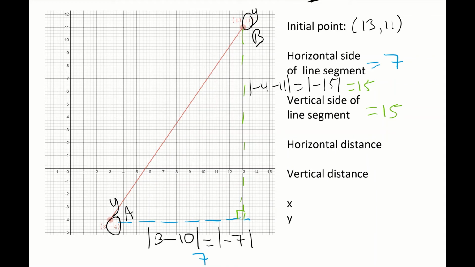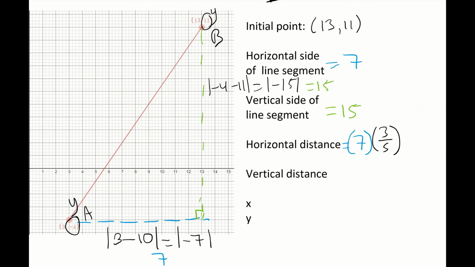Now we're going to do our horizontal distance, which is our horizontal side times the fraction. We take our horizontal side and multiply by the fraction, which is 3/5. Remember, 7 is the same thing as 7 over 1, multiply straight across, and that gives us 21 over 5.